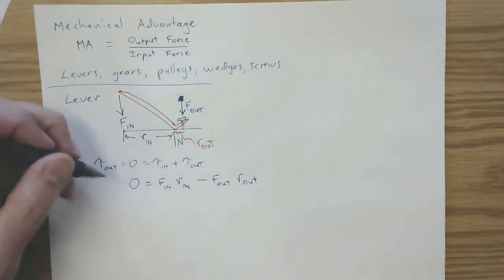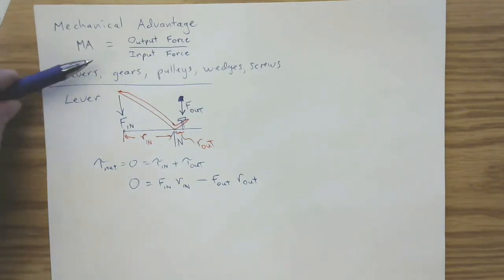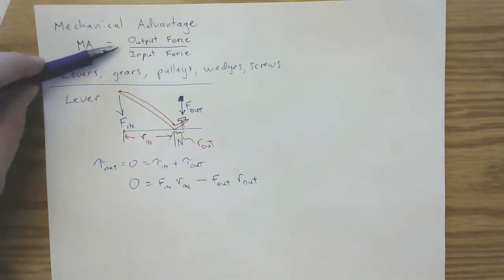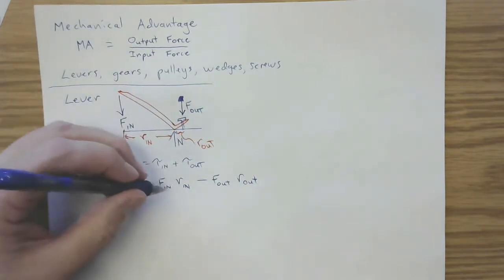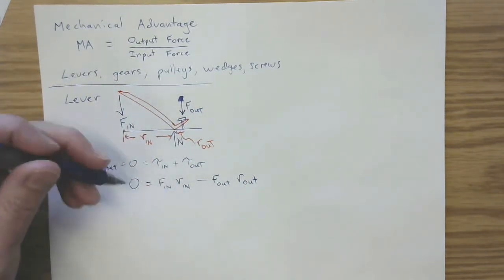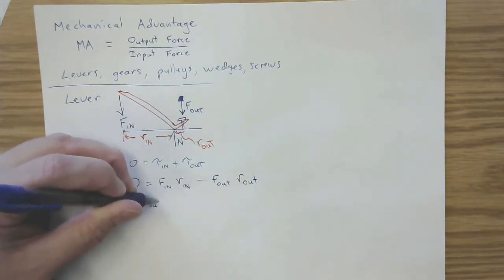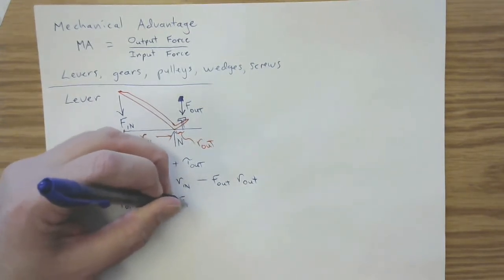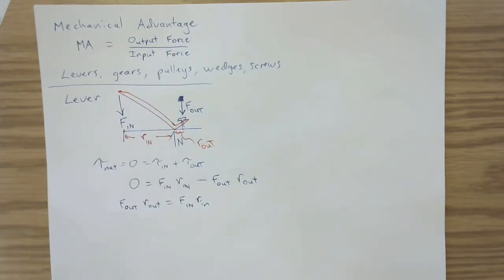From here it's pretty easy. If we want the mechanical advantage, we want to stack it so that it's output over input. So if I add to both sides of this equation, I get F out R out equals F in R in. All I did was add this second term to both sides.